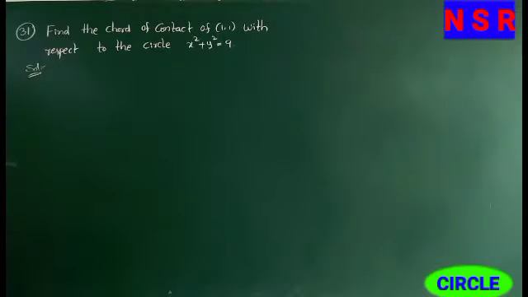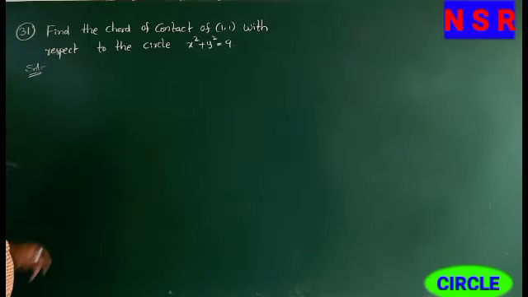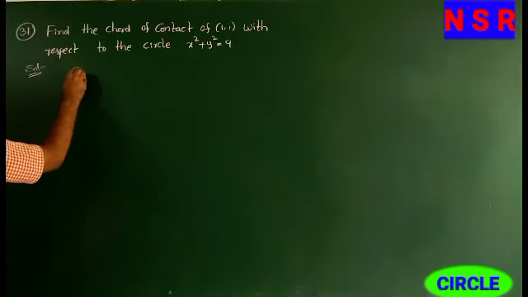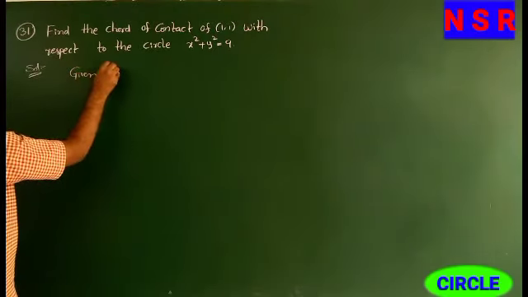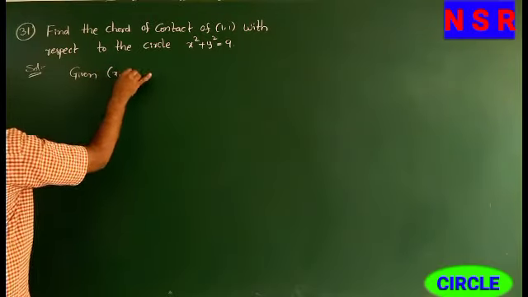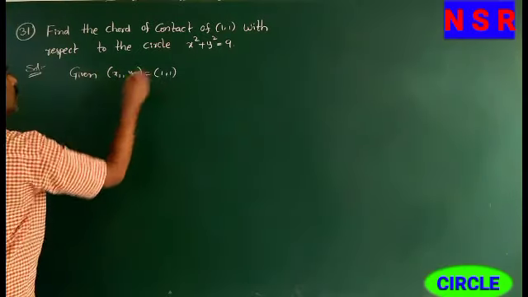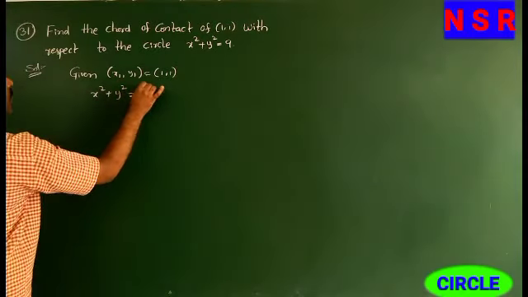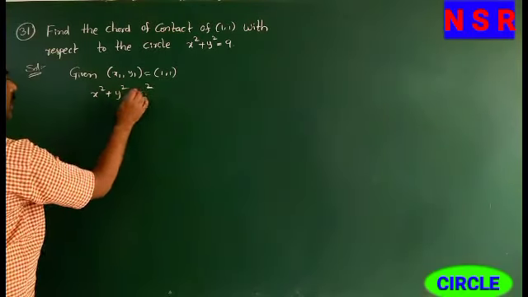So next, find chord of contact of 1 comma 1 with respect to the circle x square plus y square equal to 9. So here given point x1 comma y1 equal to 1 comma 1 and given circle equation x square plus y square equal to 9.